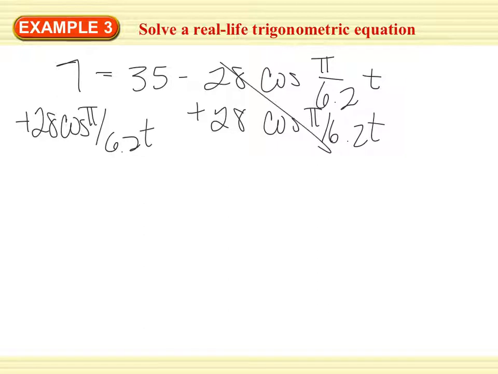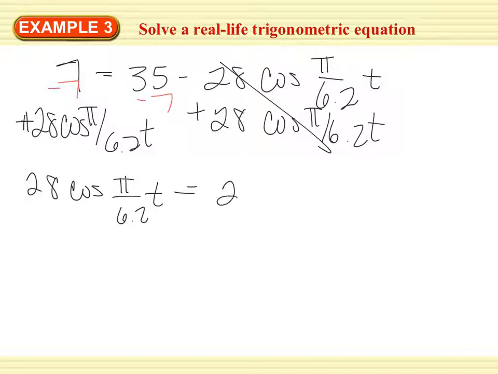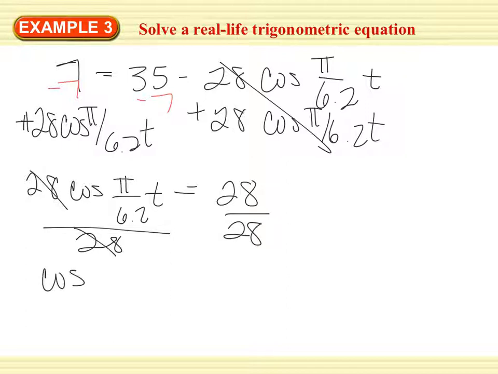And I get 28 cosine pi over 6.2 t equals, I'm going to go ahead and get a little messy and subtract 7 from both sides. 35 minus 7 is 28. If I divide both sides by 28, it's magic. I get cosine pi over 6.2 t equals 1. Pretty cool.